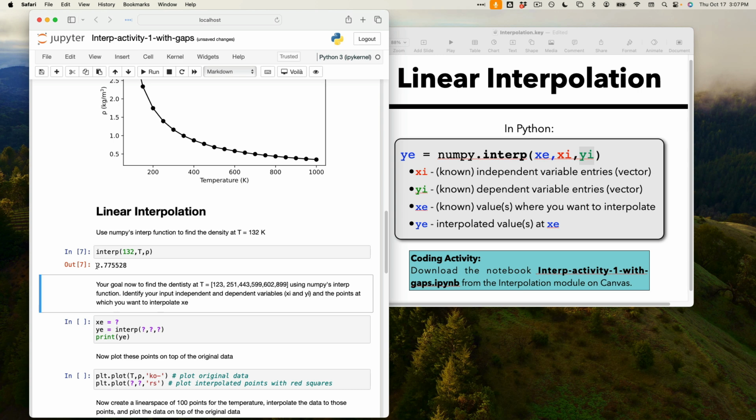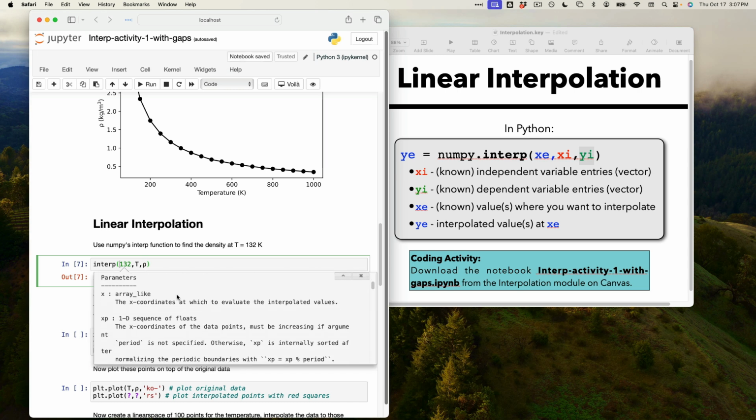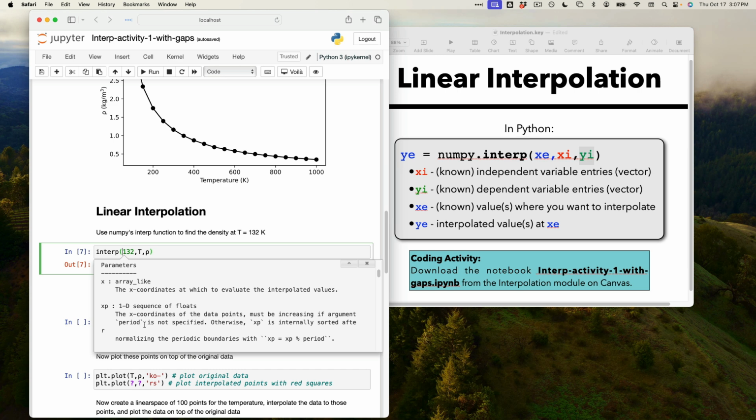So for the first slot, it's what we want. Then the next slot is the independent variables input, and the last slot is the dependent variables. And if you're confused, you can look at the function signature, go to the parentheses, and press Shift-Tab, and it explains to you the x coordinates.